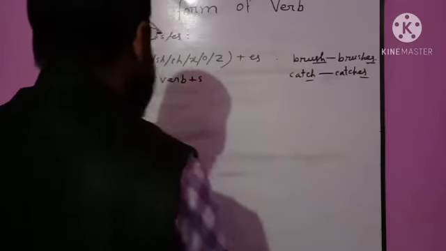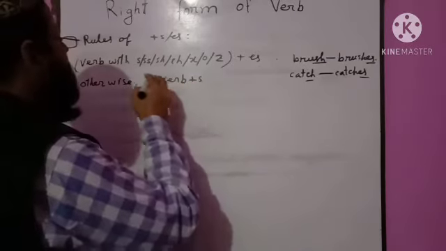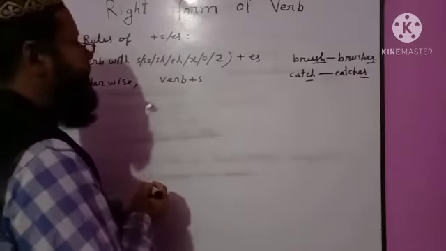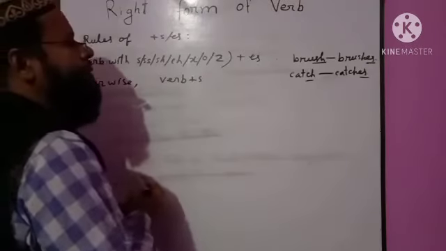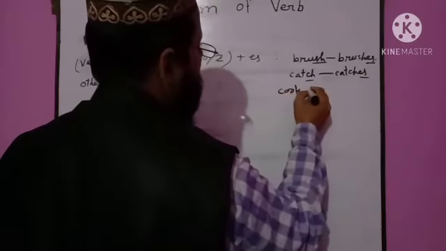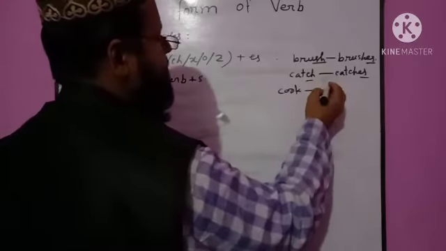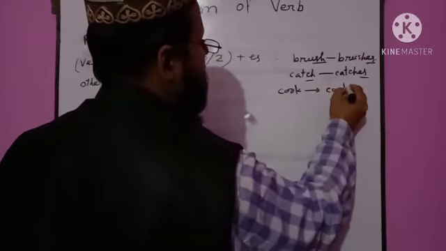But if the verb is without s or double s or sh or ch or x or z, then we shall use only s with the main verb. For example, cook. There is no s or double s or sh or ch, then we shall use only s.